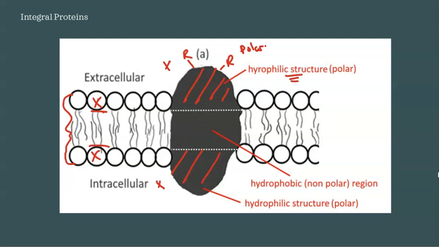However, in the part of the protein which is in this region here, so the central region, notice that that overlaps, coincides with the lipid tails here, then the amino acids in this region, they would need to be non-polar. So in the entire structure of this protein, there will need to be both hydrophilic and hydrophobic amino acids so that it can sit in the membrane and not be repelled.